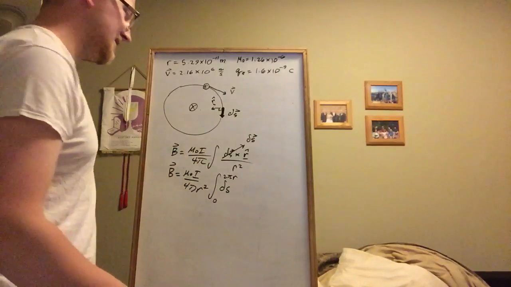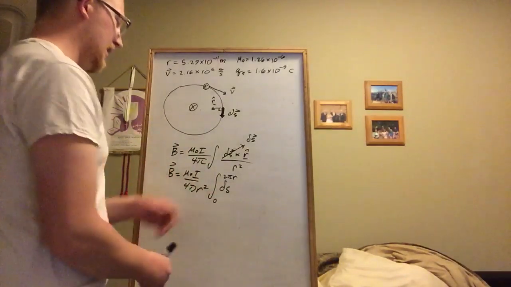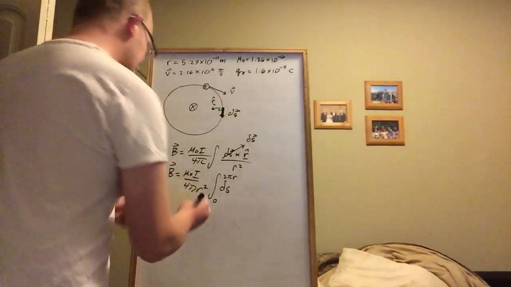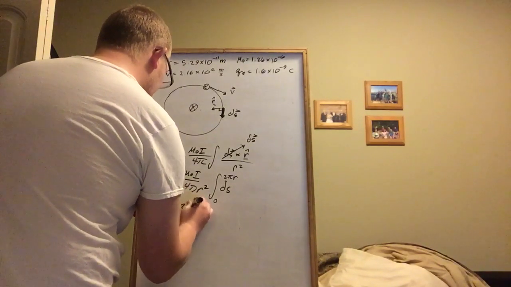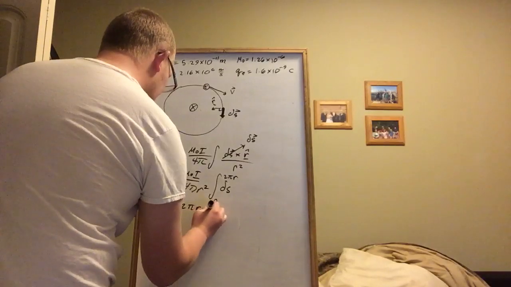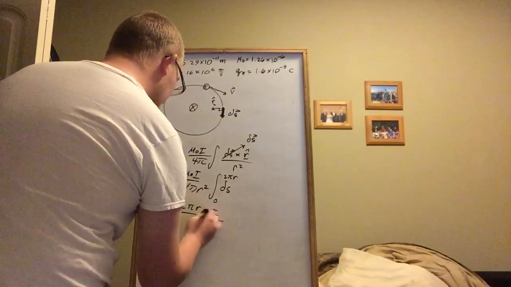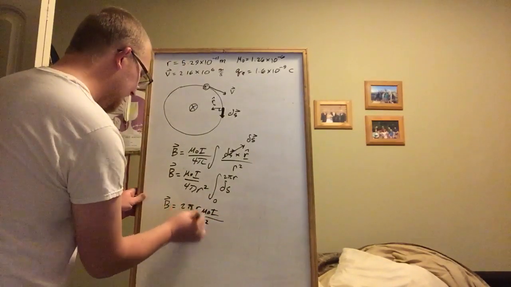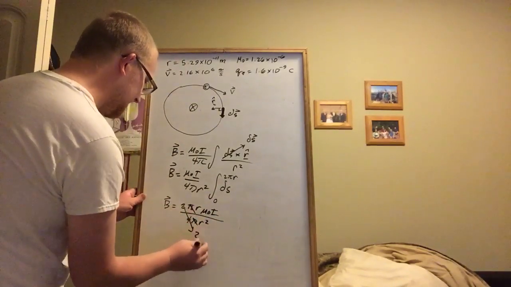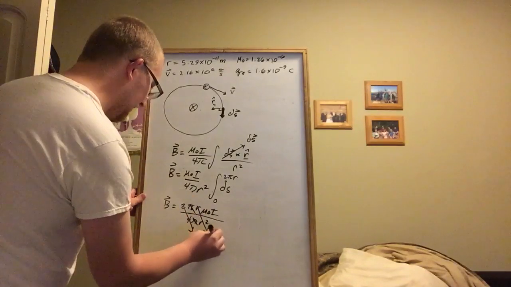The integral of ds is just s, evaluated at 2 pi r and 0, which gives us 2 pi r. So B will equal 2 pi r mu sub naught I divided by 4 pi r squared. The pi's cancel, the 4 cancels to 2, and one r cancels.